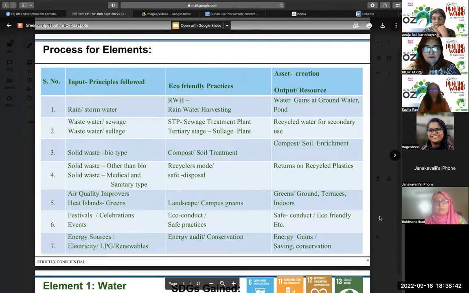Okay, next, I'm coming on to the sixth point. This is very, very important. That is actually festivals, celebrations, and events. Whenever we have any event or festival or celebration in a school, college, or an institution, we try to keep it as eco-friendly as possible. And it does two things.